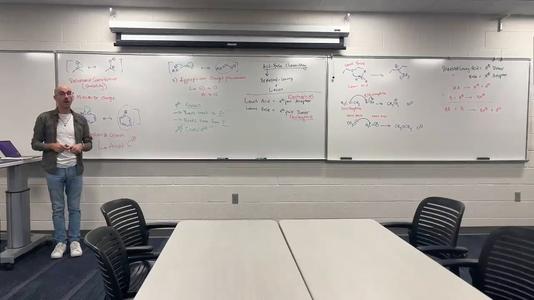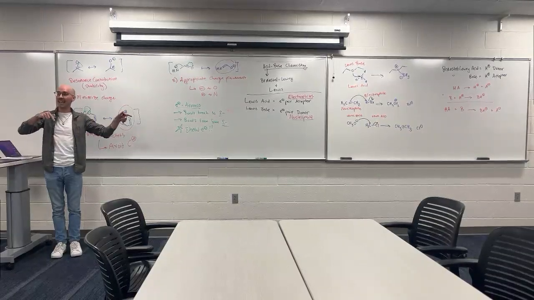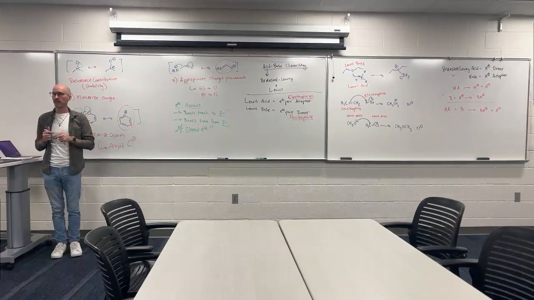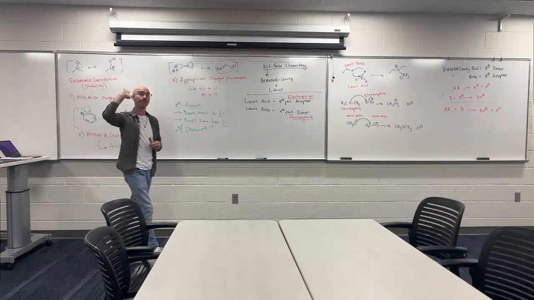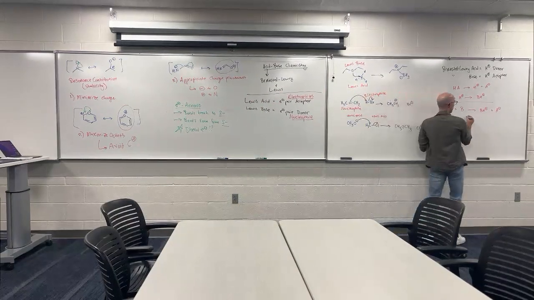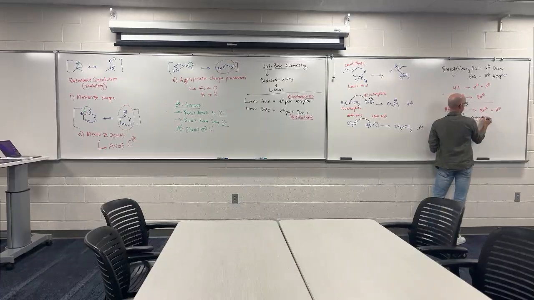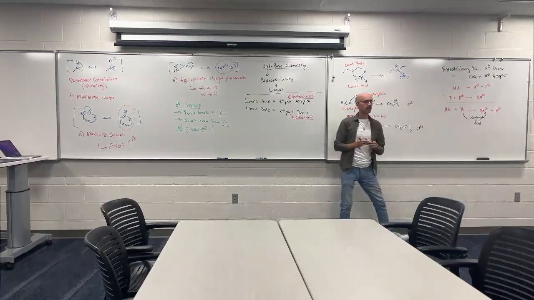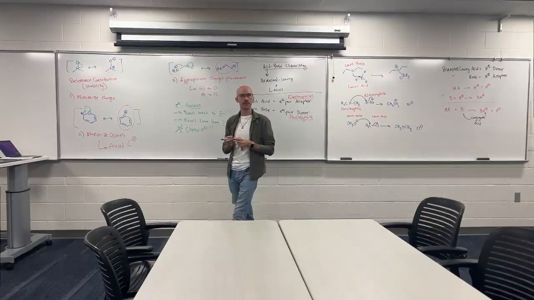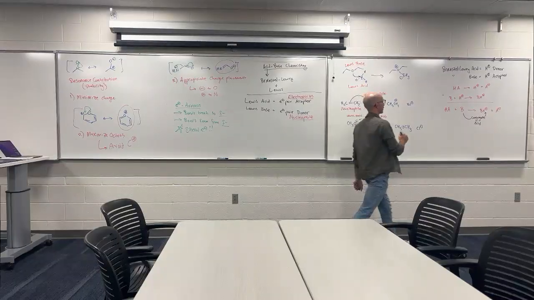Sorry, proton, actually. H plus is a proton. Do you know the name of BH plus relative to B? Conjugate acid. The base becomes a conjugate acid. And the name of A minus relative to HA? Conjugate base.